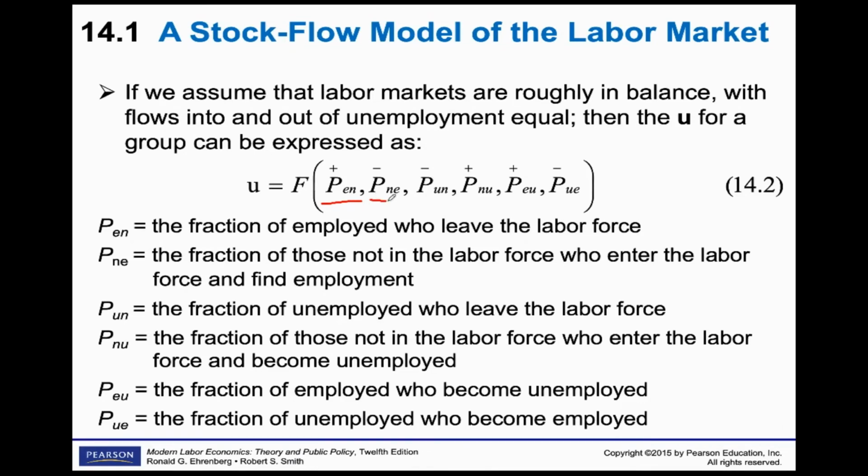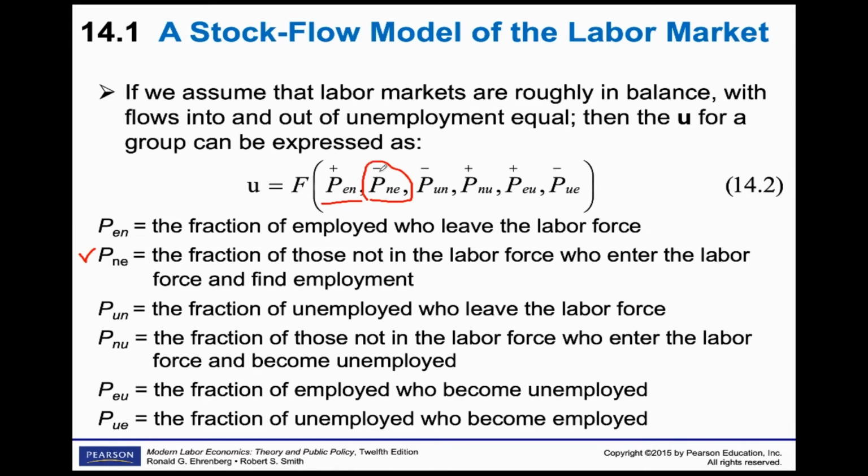The second factor here is explained by the following notes. P and E. It is the fraction of those not in the labor force who enter the labor force and find employment. So in this case, it has a negative relationship with the unemployment rate.